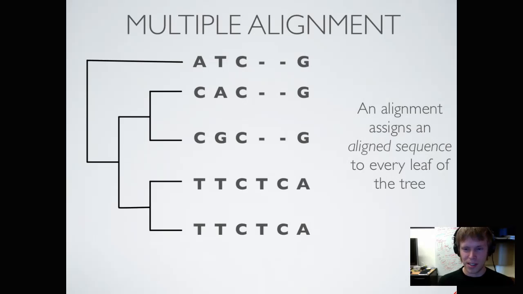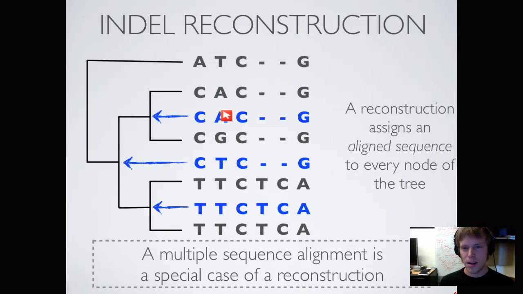That basically means placing gaps such that the aligned characters in each column are considered equivalent or homologous. By reconstruction, we have the additional task of not just assigning sequences to the leaves, but also assigning aligned sequences to the internal nodes of the tree. Here I'm showing actual sequences, but in some cases it's more useful to leave these as wildcards, marginalizing over the possible actual characters that could be there.